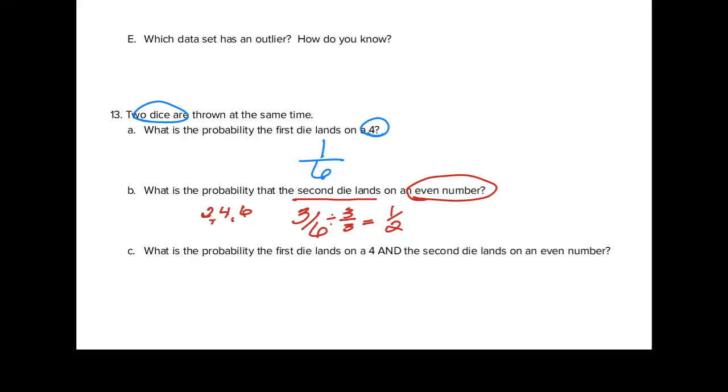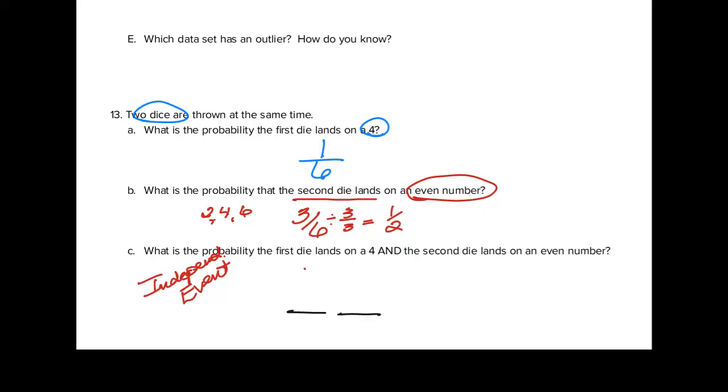Okay, let's look at the next one. What is the probability that the first die lands on a 4 and that the second die lands on an even number? Well, these are independent events. Anytime you have independent events, which means one does not affect the outcome of the other, you multiply those probabilities together.